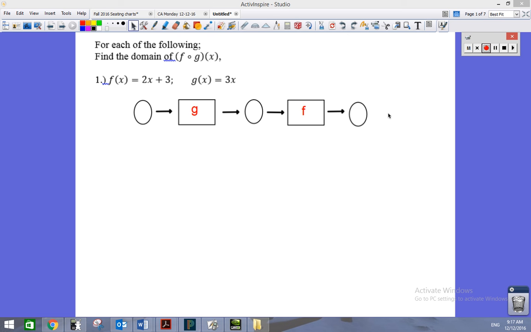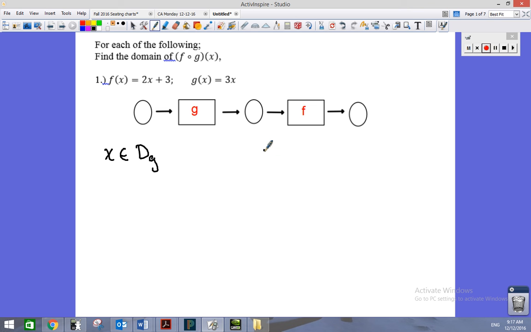So two things have to be true to be in the domain of this f composed with g. First, the number that we're inputting out here, this x, has to be in the domain of g. Otherwise, it wouldn't make it through the first function. Whatever number we plug in, we have to get a number as an output, not something that's undefined.